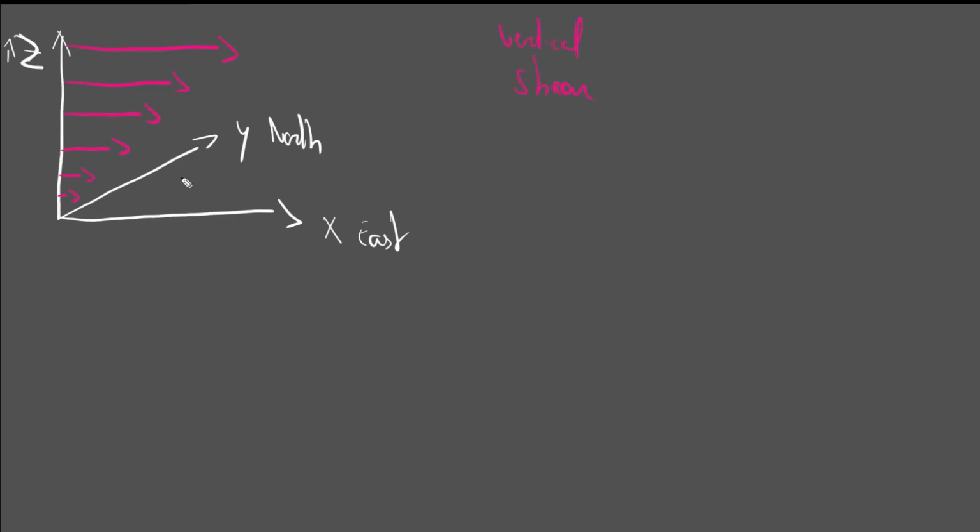You have vertical shear. Why? Wind speed increases with height. Okay, the more you go up, the wind speed increases. Put a tube in here. Okay, this tube will also start to exhibit rotation or vorticity in this sense.